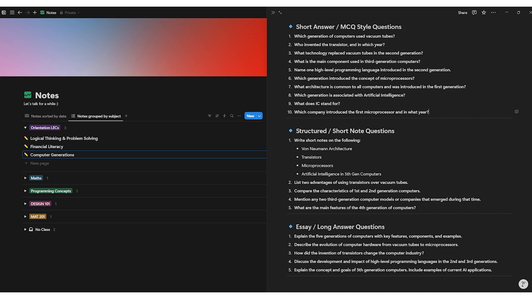What are the main features of the fourth generation of computers? When I tell you about the fourth generation, you need to instantly think of microprocessors.